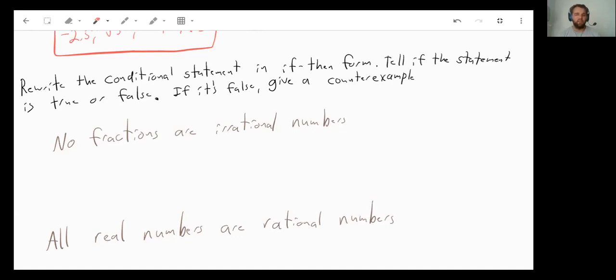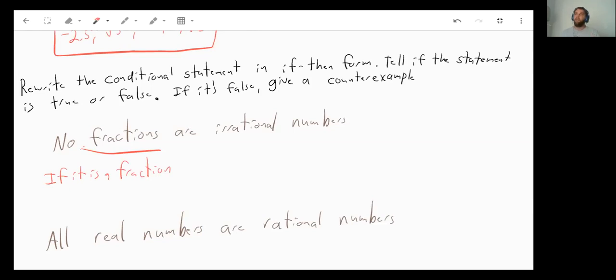That can happen actually in math as well. So we might get the statement, no fractions are irrational numbers. Well, it takes a little bit of thinking to figure out how to write this as an if-then statement, but you have to start out with what is the premise? What are we talking about? Well, we're talking about fractions. So if it is a fraction, no fractions are irrational.